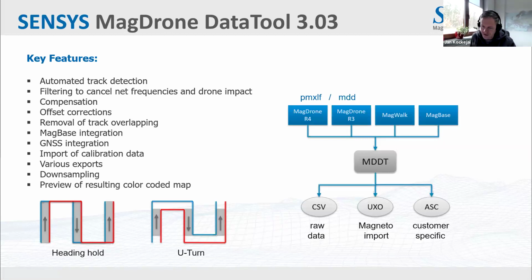And in this case, with heading hold, in the first track, the first sensor is on the left side, and in the second track, it's on the right side. But you can switch it as you want, because the data tool automatically recognizes what you have done, and that's possible because of the single axis X, Y, and Z of the magnetometers. So all this is done in the background.